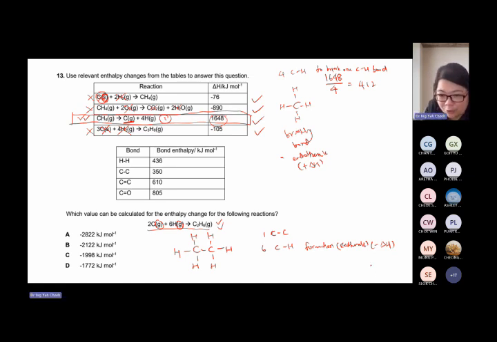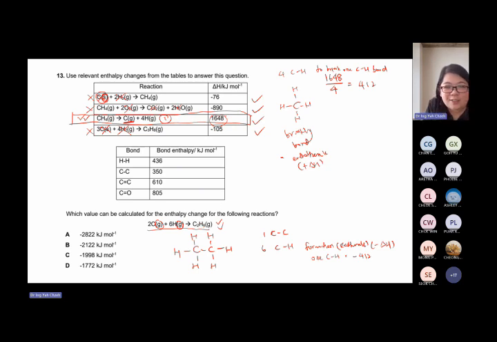So using it here means formation of one CH bond. Formation of one CH bond is negative 412. I reverse the reaction, so I change the sign from positive to negative also. Here is breaking CH4, here formation of C2H6.